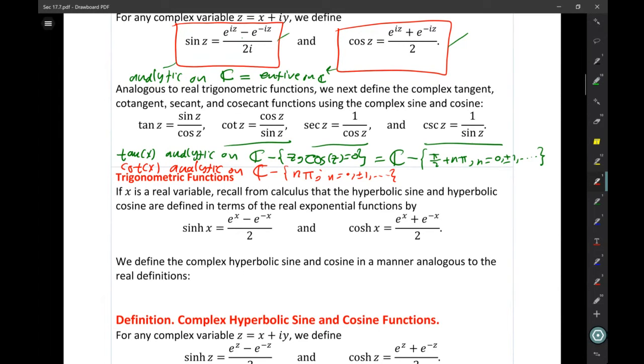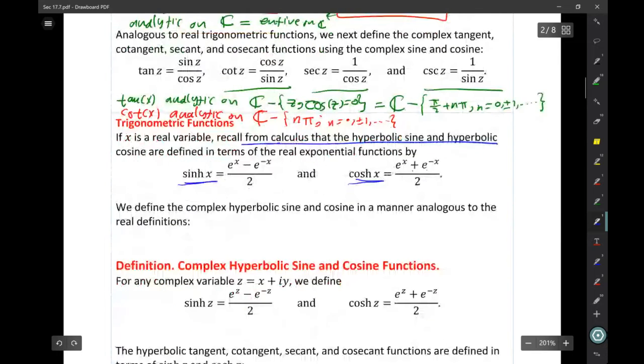Now, let us recall the definition of hyperbolic functions from calculus. We said that sinh x is equal to e^x minus e^(-x) divided by 2, and cosh x is e^x plus e^(-x) divided by 2.